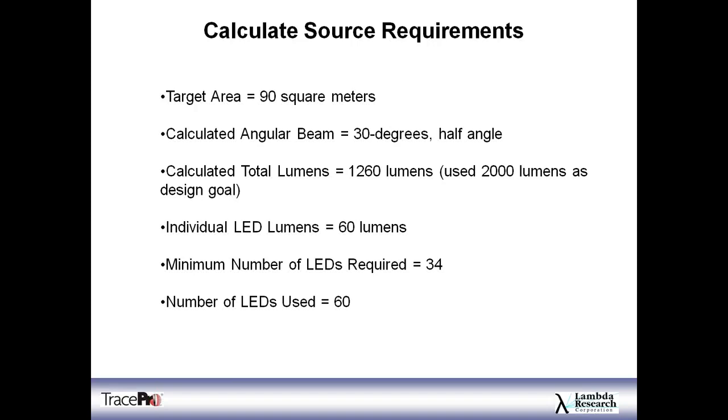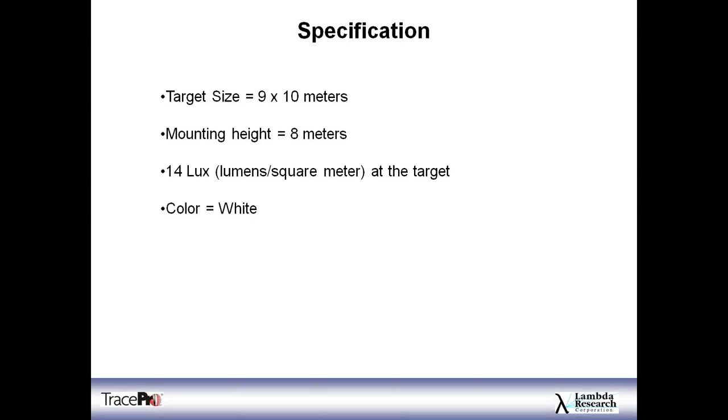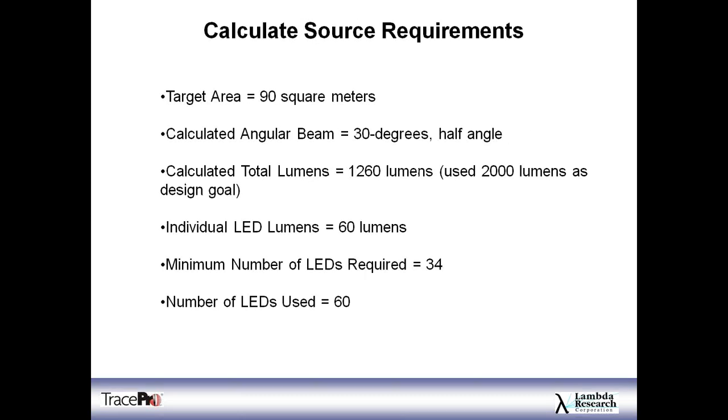And if we calculate the total lumens for this, which our spec was 14 lumens per square meter, and we have 90 square meters, we're looking at a calculated total of about 1,260 lumens. I used 2,000 as a design goal in this case. I wanted to put a little more light on the target than the minimum requirements.